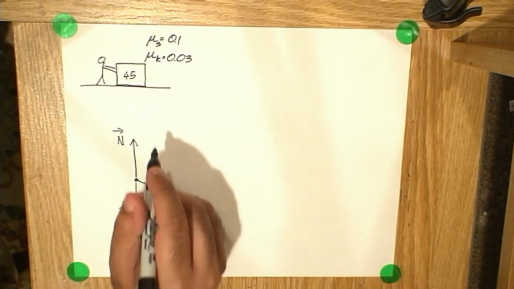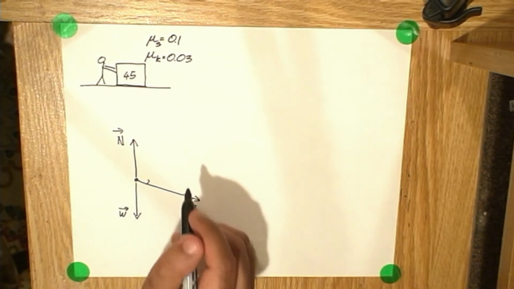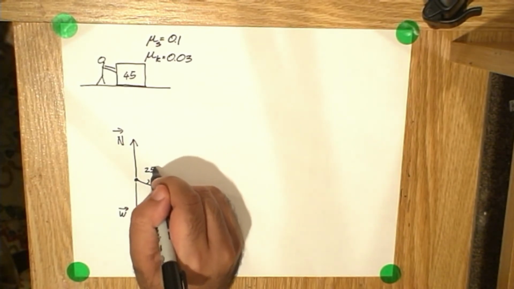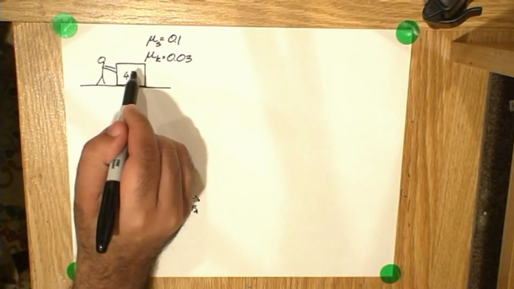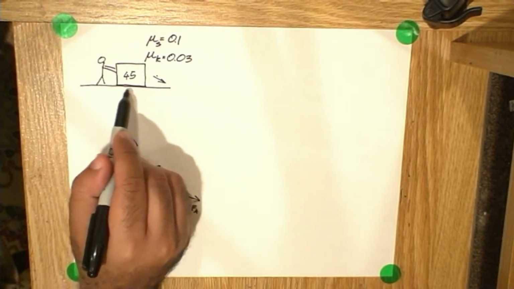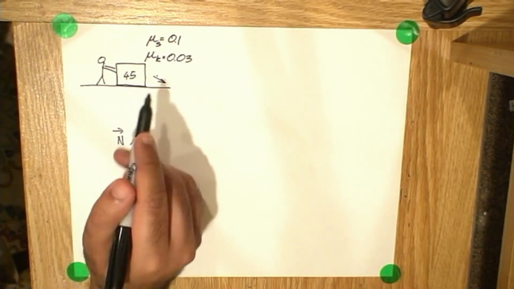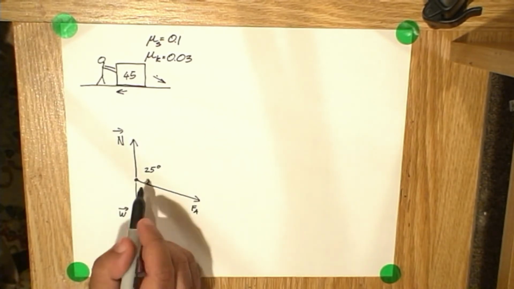And we were told that the angle of the push was 25 degrees below the horizontal. And opposing the direction of the push, because this is going to slide rightwards, is the force of static friction. Static friction is going to point leftwards.